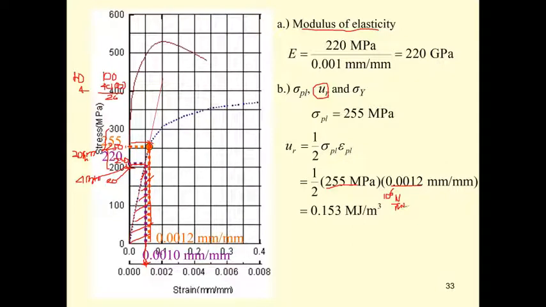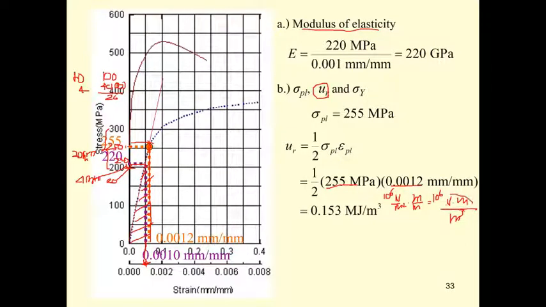For millimeter per millimeter, it can also be meter per meter. So when you multiply, this is going to be 10 power 6 of Newton times meter divided by cubic meter.